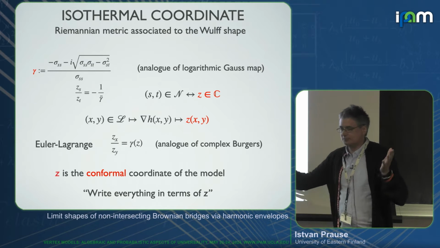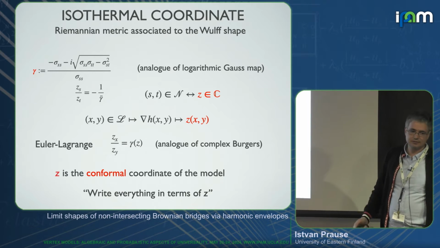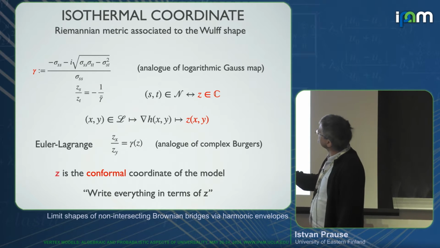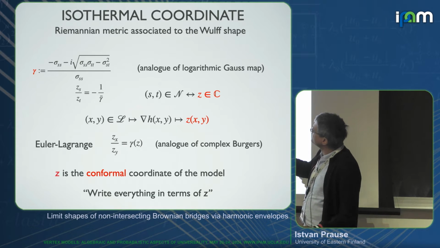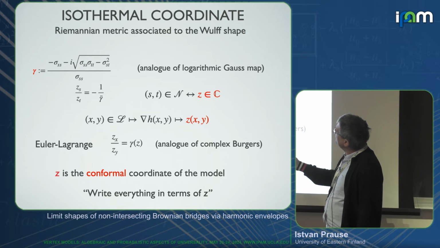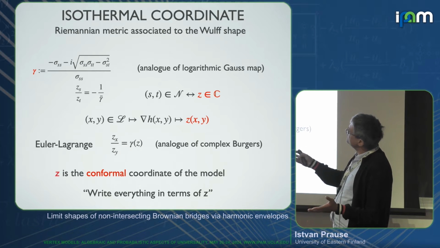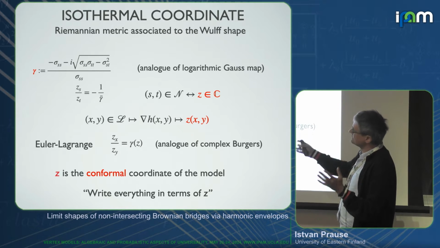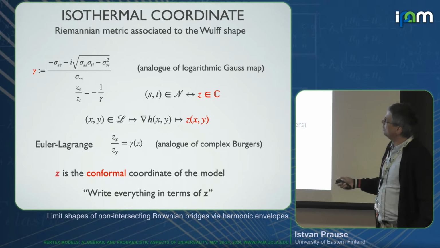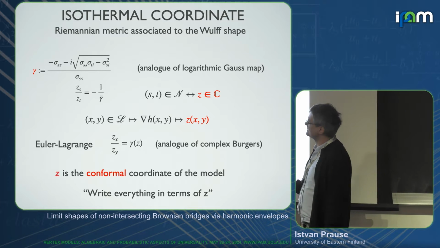Let's say we have some strictly convex surface tension sigma. There is also this wave shape, and we don't know what it is, but anyway, we can use that this sigma gives us a Riemannian metric, and then we can introduce this as an isothermal coordinate.